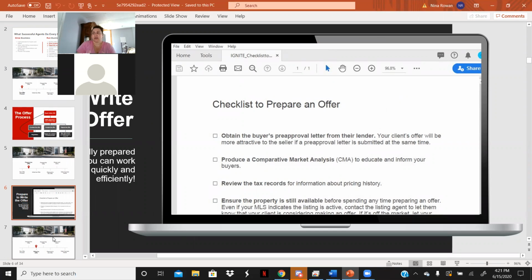We have that discussion right there, pulling it up on our phone real quick, looking at what sold in the past couple months and the actual price range it could go in, making sure that it's a realistic offer amount.